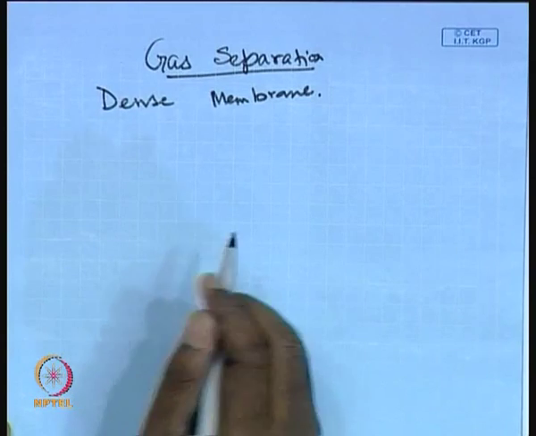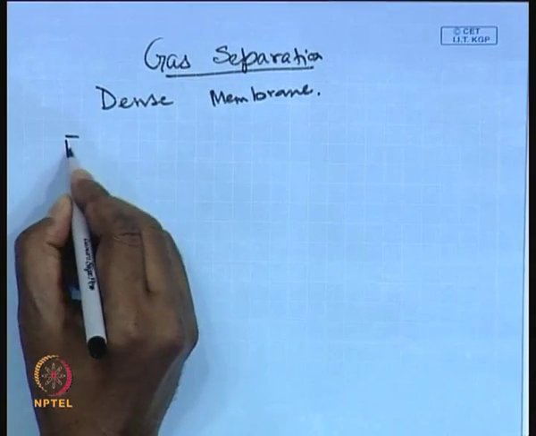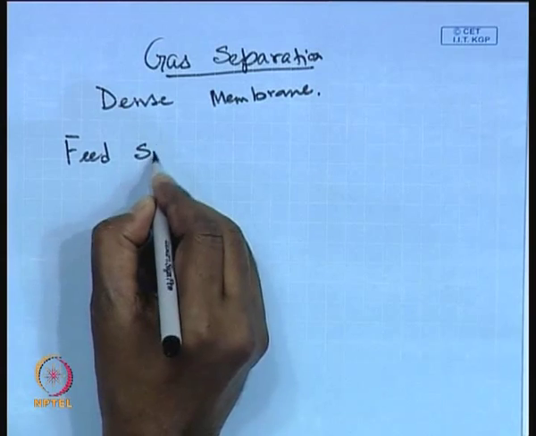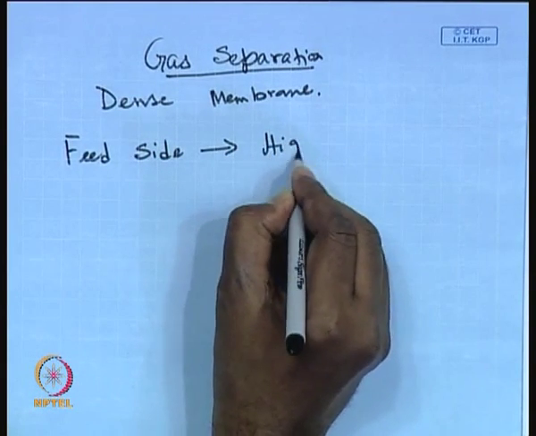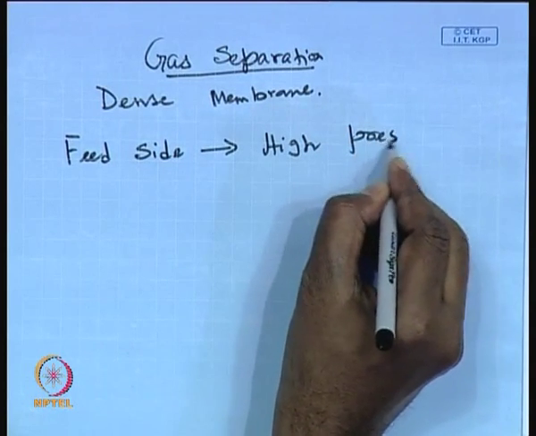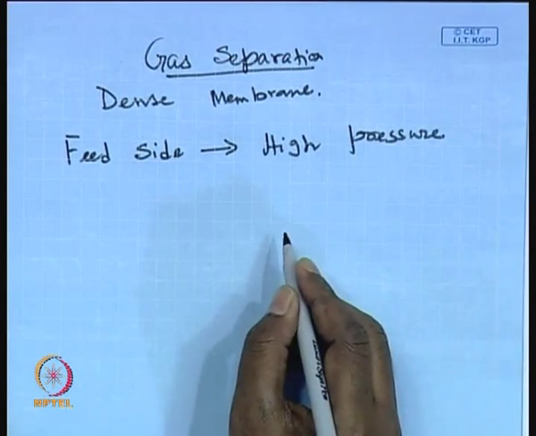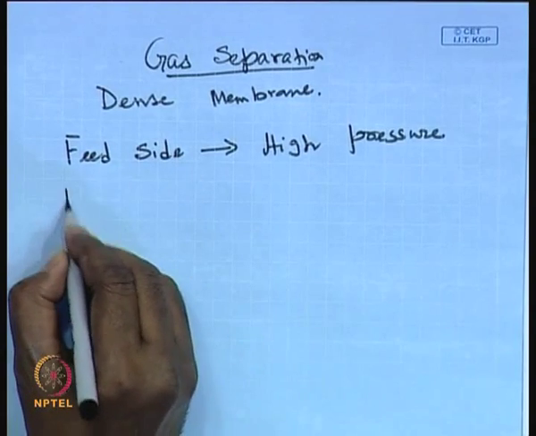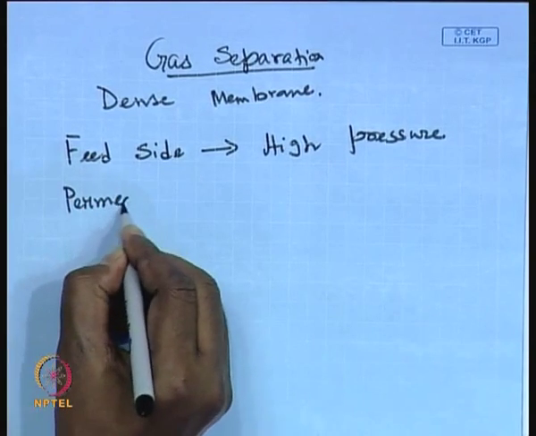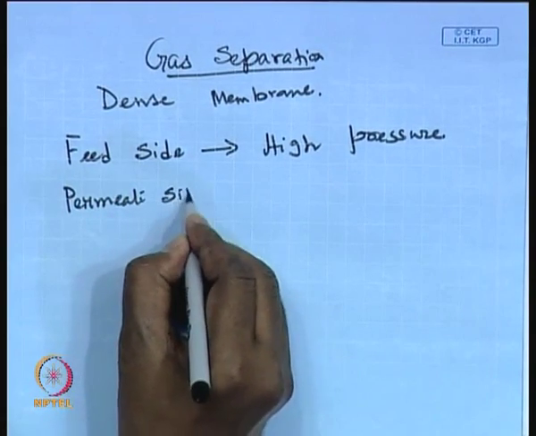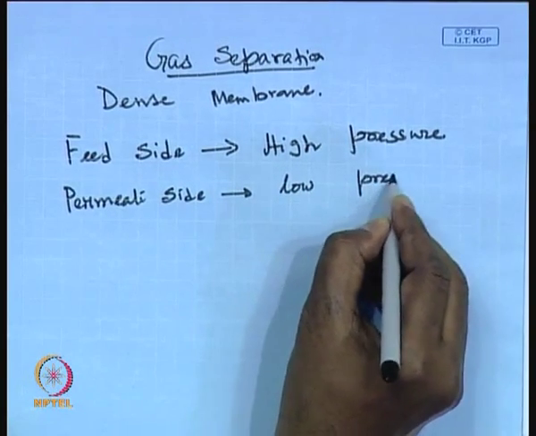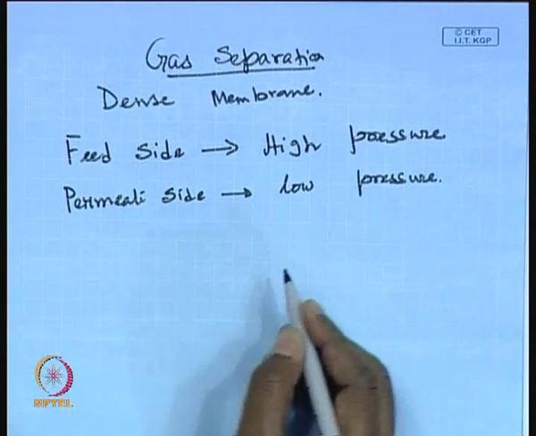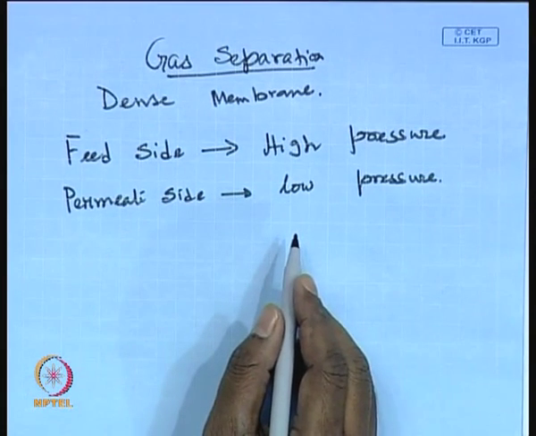Now, typically the feed side pressure is very high, that means you are injecting a gas at a high pressure to the feed side, and the permeate side is at low pressure. Sometimes the permeate side is kept under vacuum.